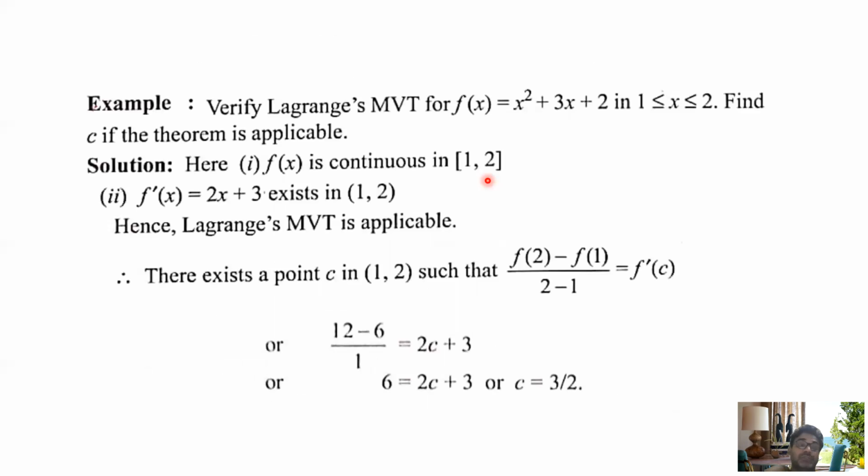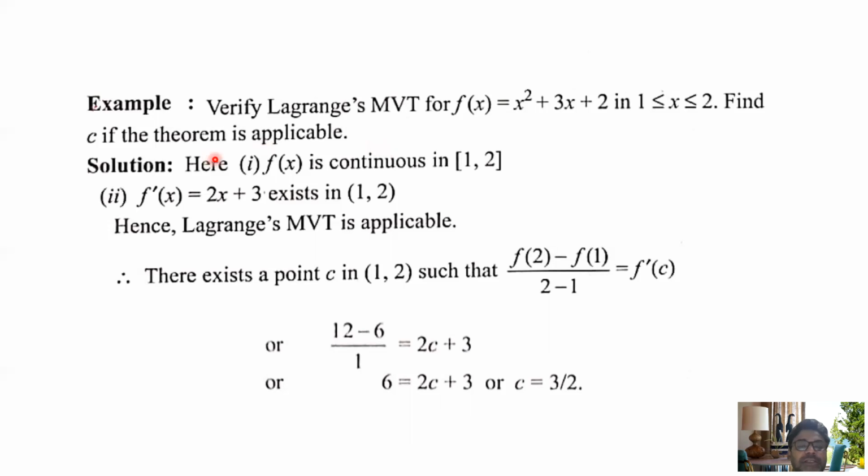Now try to understand with an example. Verify Lagrange's mean value theorem for f(x) equals x square plus 3x plus 2 in 1 less or equal to x less or equal to 2. Find the value c if the theorem is applicable. This is also a very important question for you.